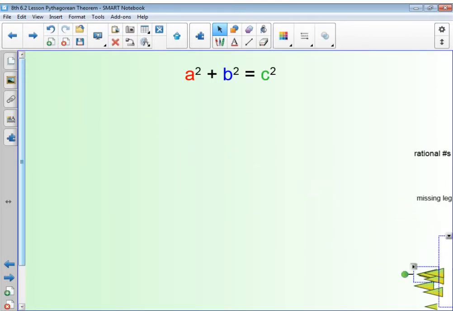Basically, out of this lesson, you're working through solving A squared plus B squared equals C squared, where these two are your legs and this is your hypotenuse. That's your longest side. Your legs make up your right angle, so make sure that you're identifying the two lengths that make up the right angle and plugging those in.